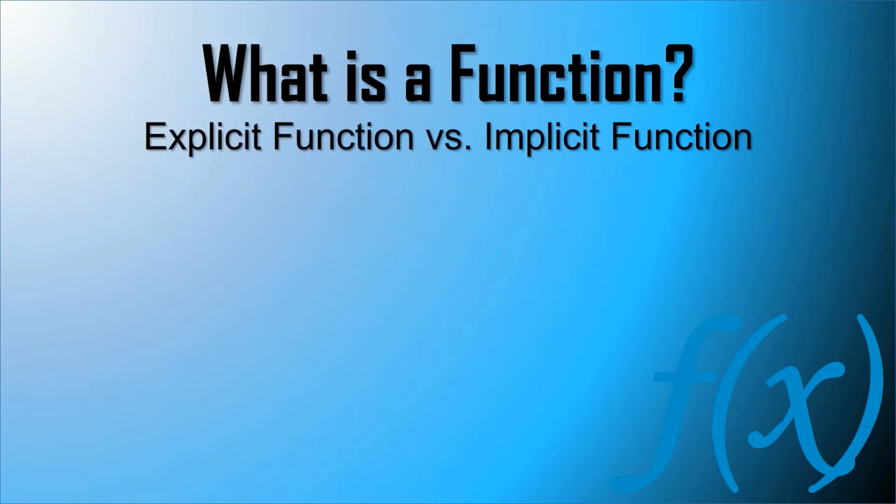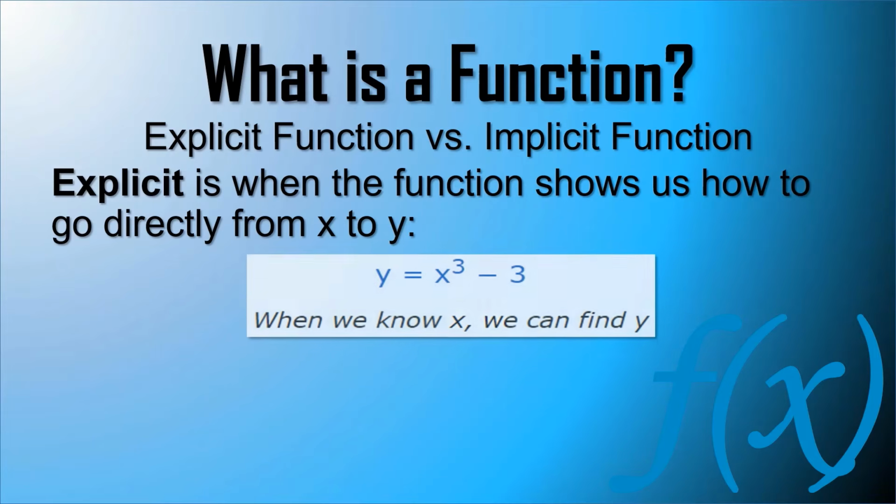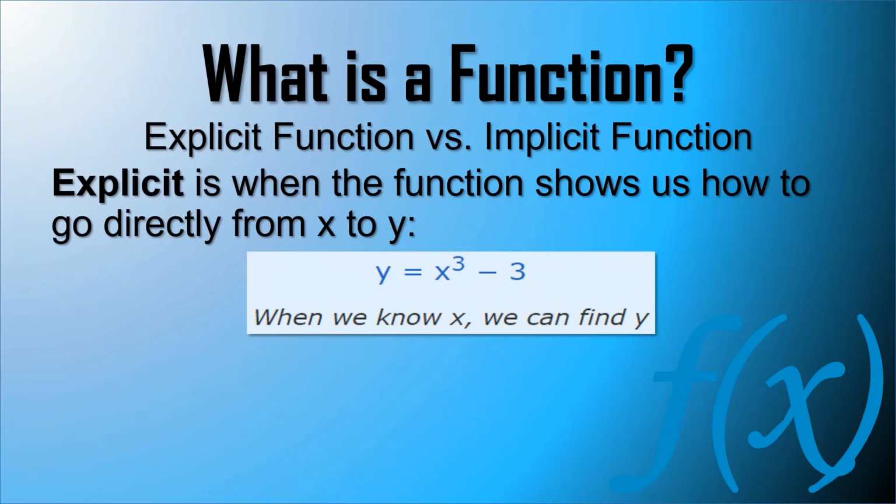Okay? Now, explicit function versus implicit function. Ano naman yung kaibahan ng dalawang ito? Explicit is when the function shows us how to go directly from x to y. So for example, may equation ako, y is equal to x cubed minus 3. When we know x, we can find y.